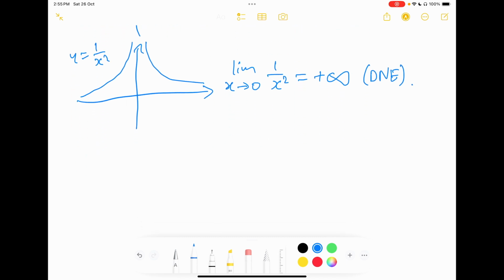All right, so let's look at a few types of discontinuities. You might wonder what a discontinuity is, and I'll just give you a very simple example. Say I had a function that looked like this. At this point, the function is discontinuous.